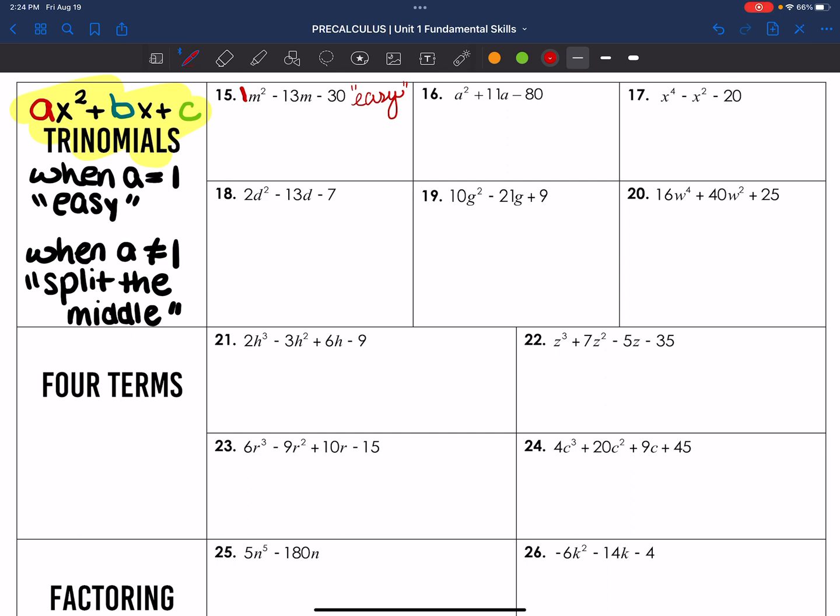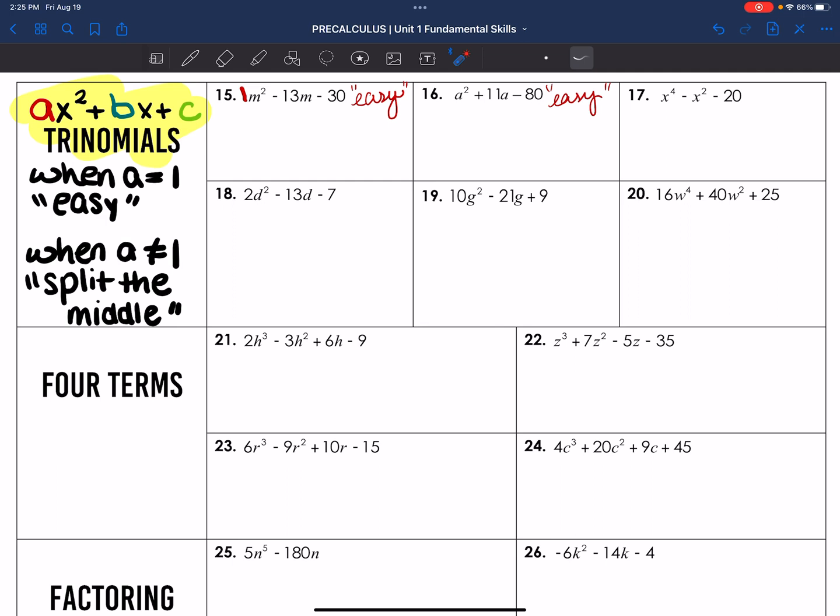Another easy one would be, which other problem is easy? Yep, we can have this one, and that looks to be the only one. The others are not of the form that we see. If you thought 17 was, be very careful, look at that exponent there.